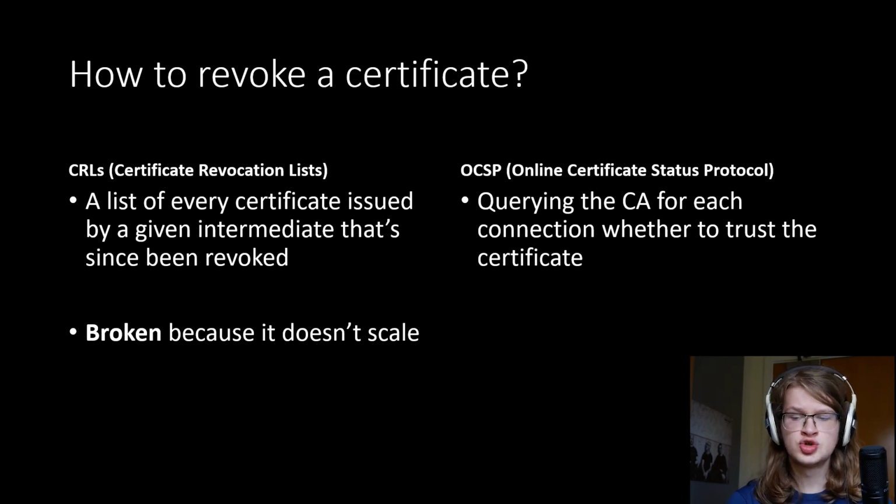At this point, it has two options. 1, it can assume that the certificate is invalid and refuse to connect to that website because it's not sure. But that means that the attacker can kill your entire internet connection, which is bad. Or it can assume that the certificate is valid until proven otherwise. But that means that the attacker can use revoked certificates and your browser can't check, which is also bad.